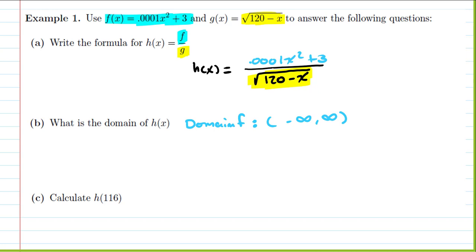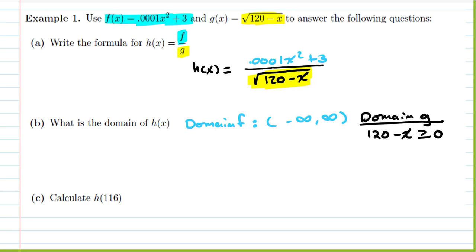And now we need to find the domain of g. But when we have a square root, what kind of numbers are we allowed to take the square root of? Well, the square root of a positive number is also a real number. So the stuff inside the radical has to be positive.